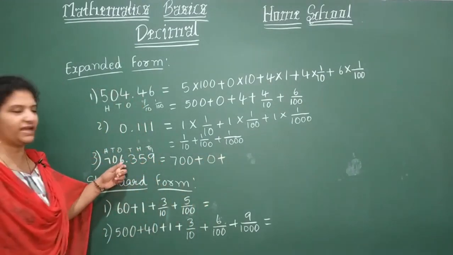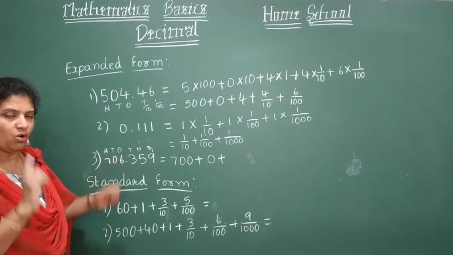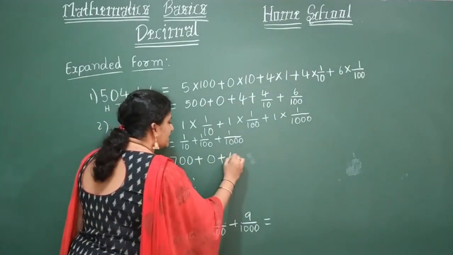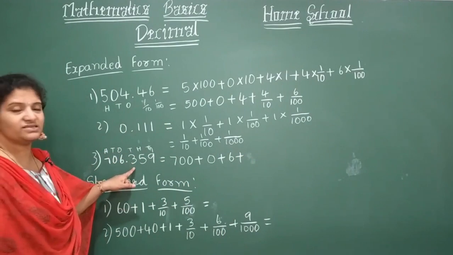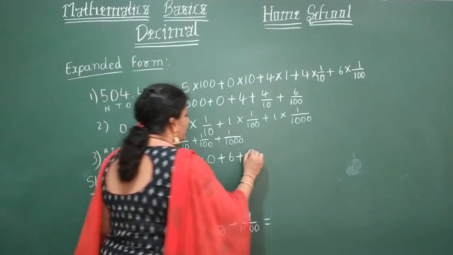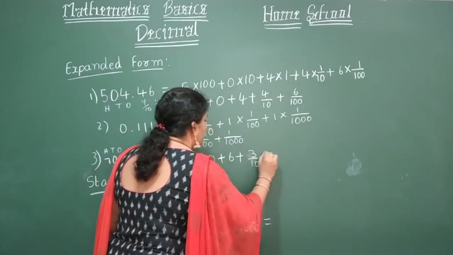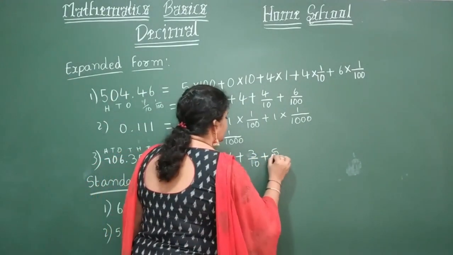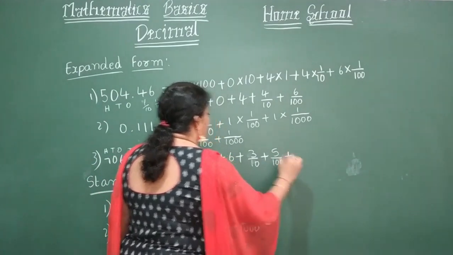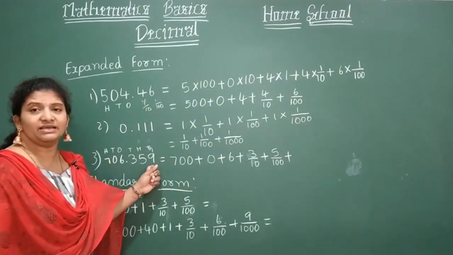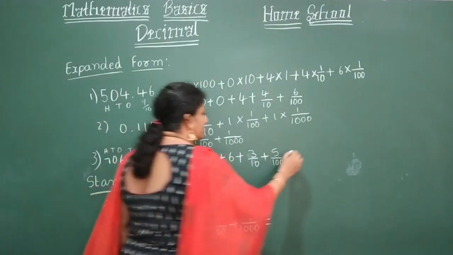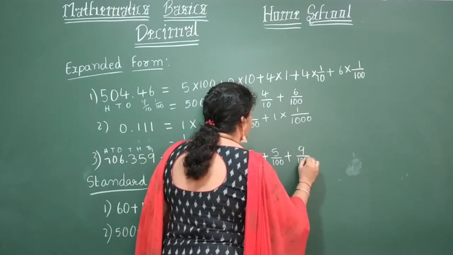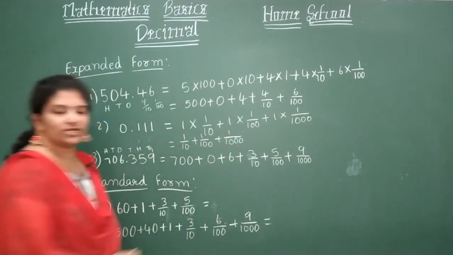Plus, units place, ones place, 6 into 1. That will be 6. Plus, 3 is in 10th place, means 3 by 10. Plus, 5 is in 100th place, that is 5 by 100. Plus, 9 is in 1000th place, 9 by 1000. Okay, children.